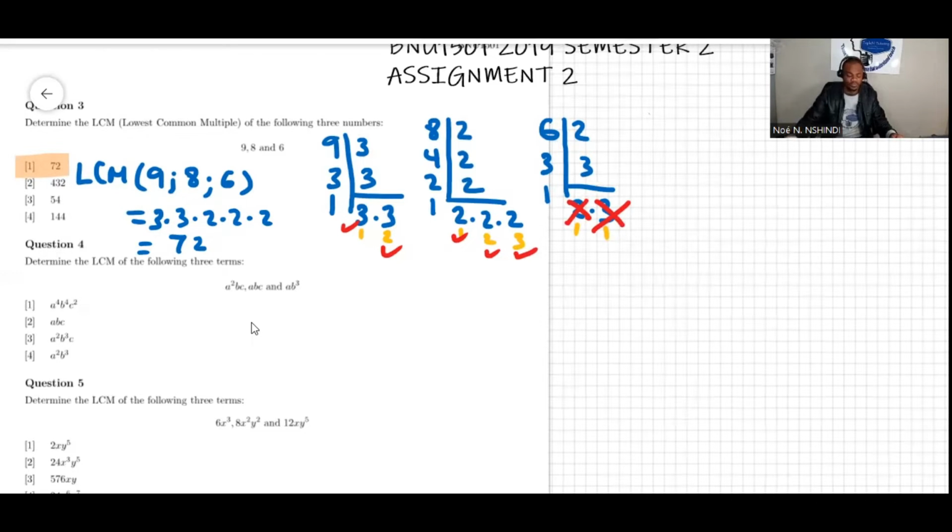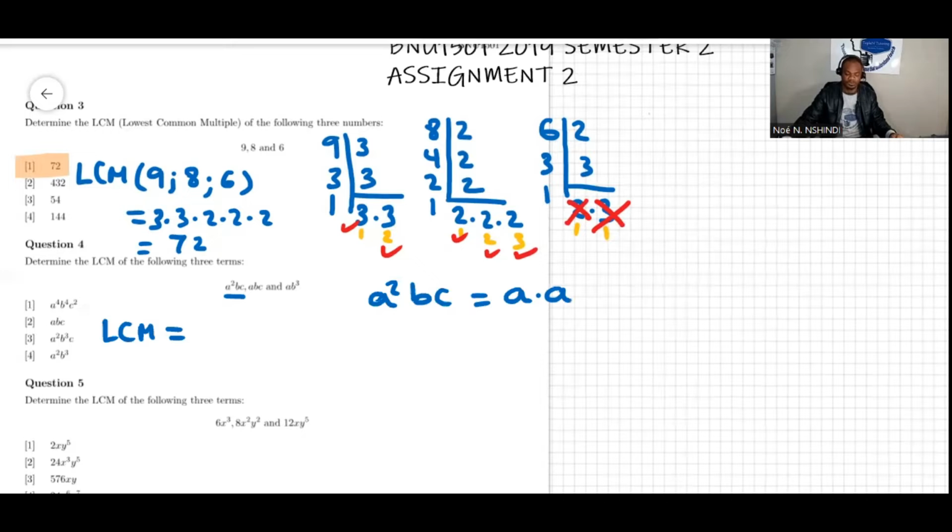Okay. So to find the LCM of all these terms, I'm going to look at the first term, a squared b c. You know, a squared is the same as a times a.